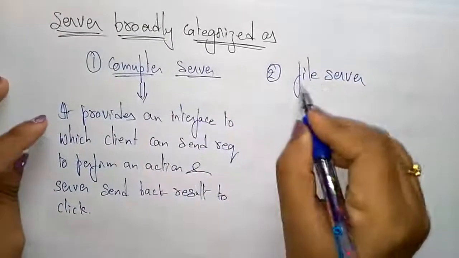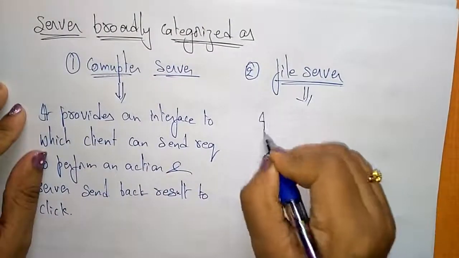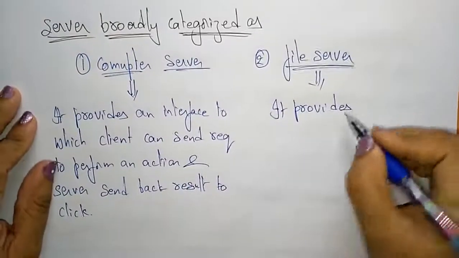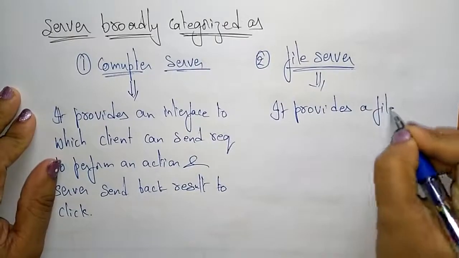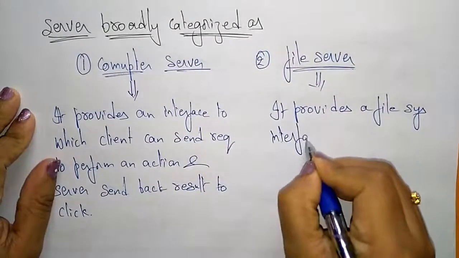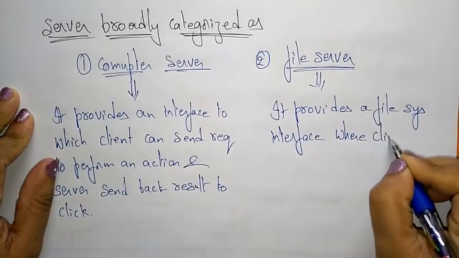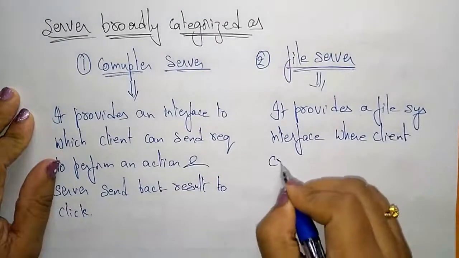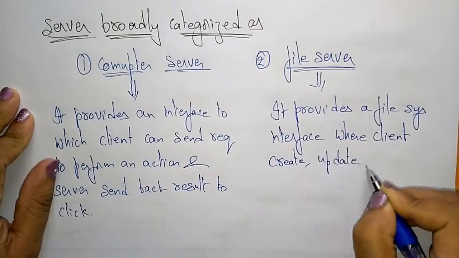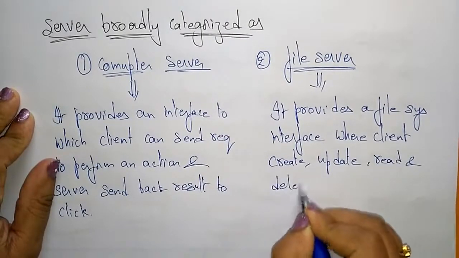What about the file server? A file server is just one way. It provides a file system interface where clients can create, update, read and delete the files that are present in this server.